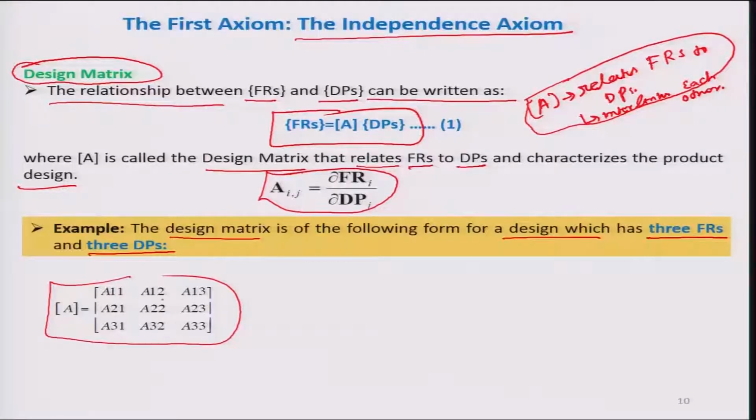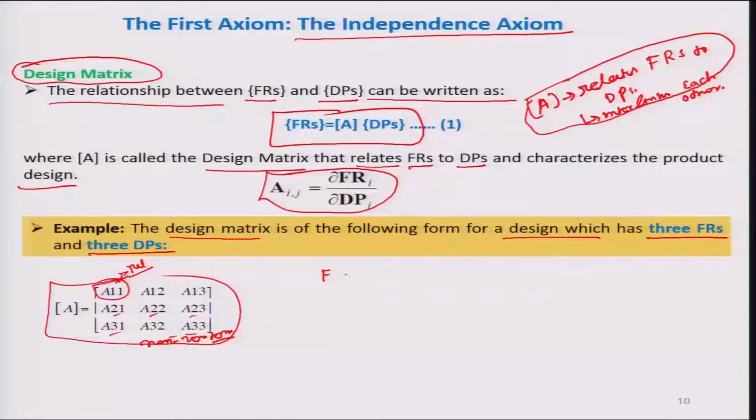Here A11, A12, A13, A21, A22, A23 are the non-zero terms, and each has some significance, making a relationship between functional requirements and designing parameters. If you want to write it in matrix form, how will you write it?